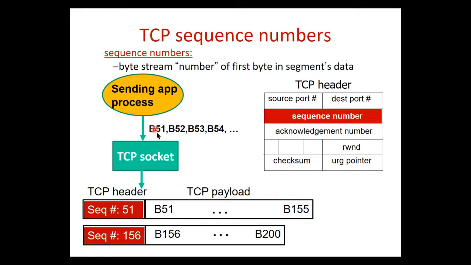What TCP does with these bytes is build the TCP segments, and segment this stream of bytes. Here I just assume that it puts byte 51 all the way to byte 155 into one segment.